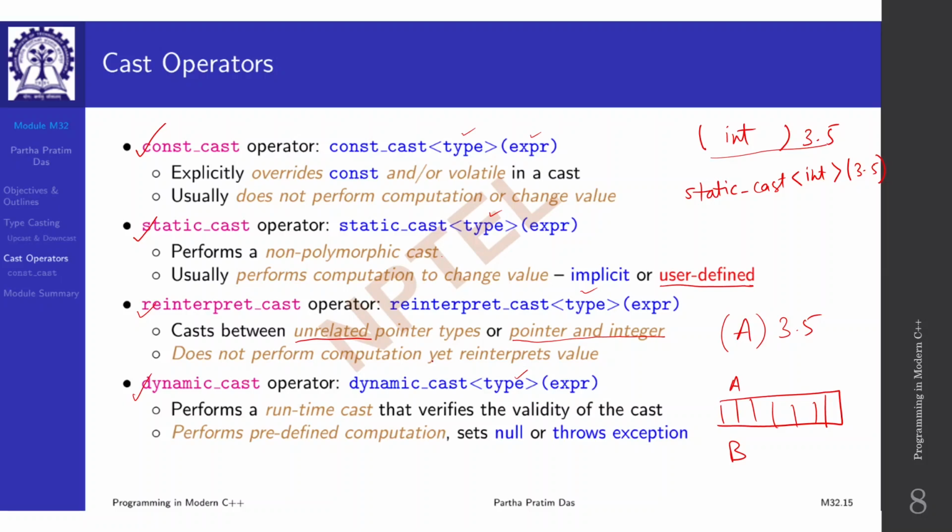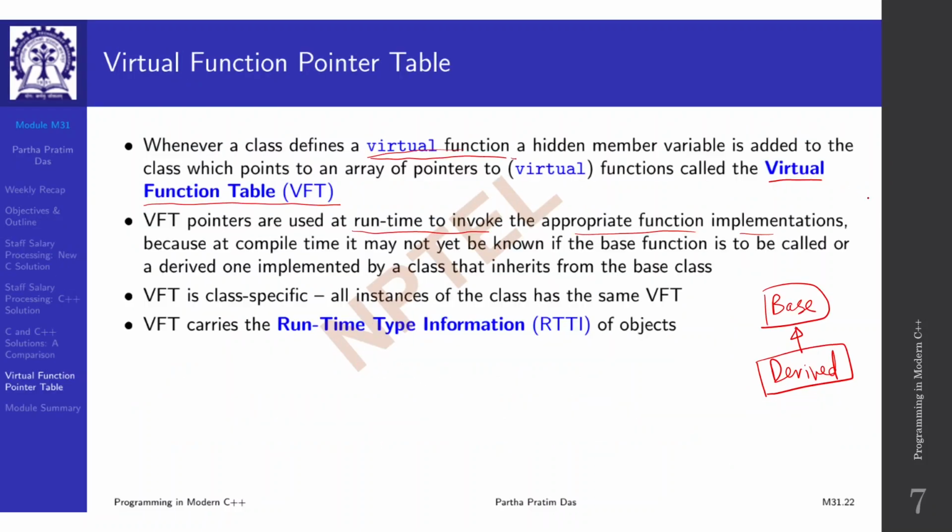Next we have dynamic_cast. Dynamic_cast is like static_cast, but it is used when you are converting from a base object to a derived object. If you have a base object b and you want to typecast it into a derived class object, then we use the dynamic_cast operator. Why?